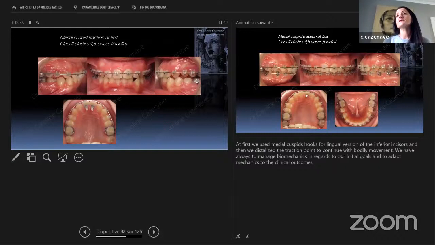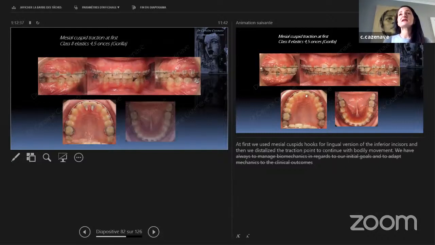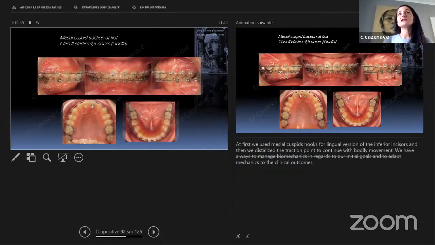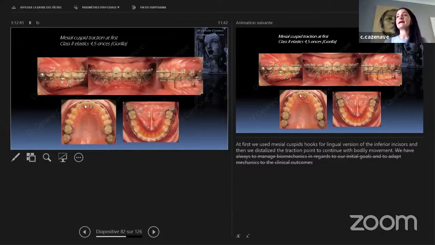At first, we use mesial cuspid hooks for lingual version of the inferior incisors, and then we distalize the traction point to continue with bodily movement.